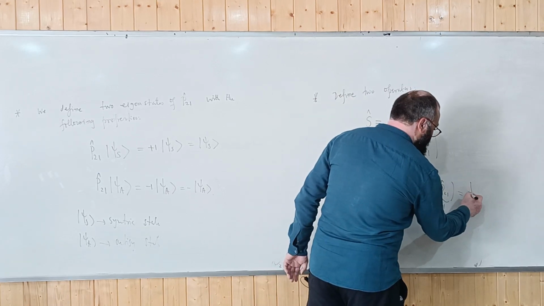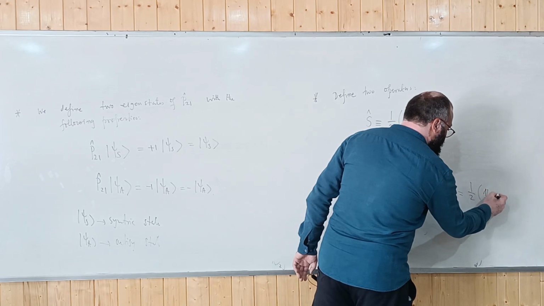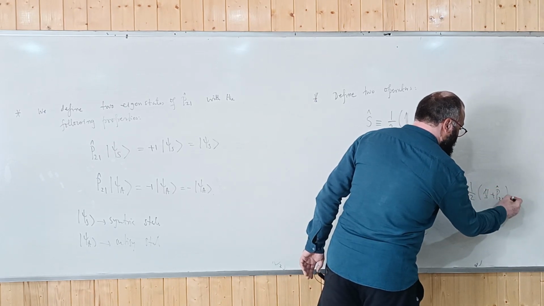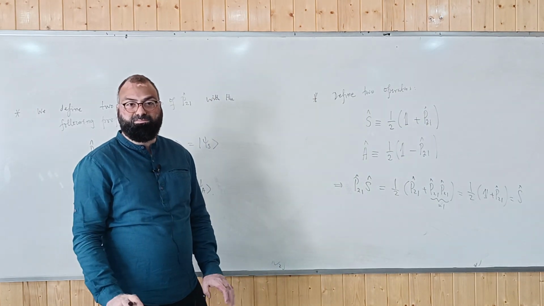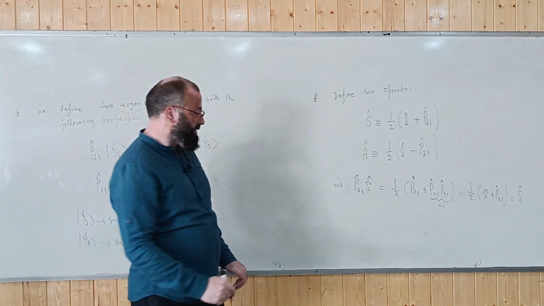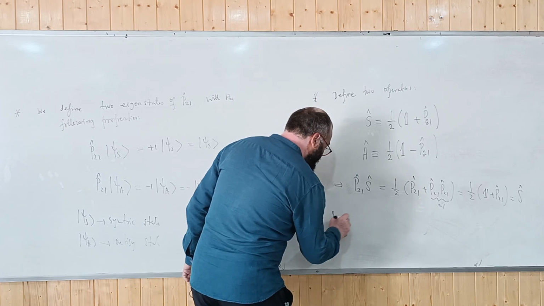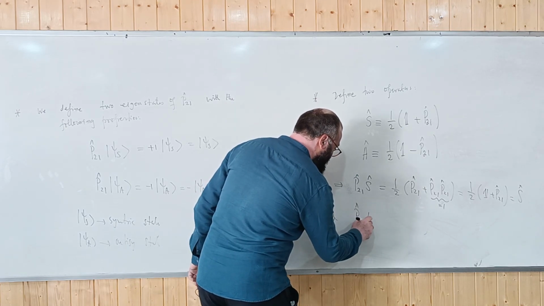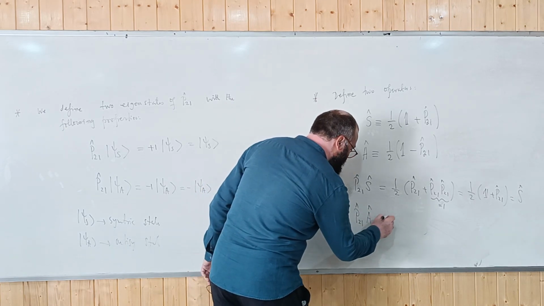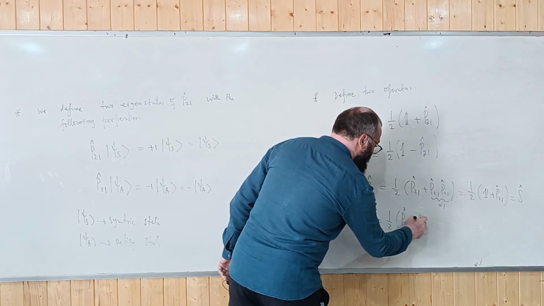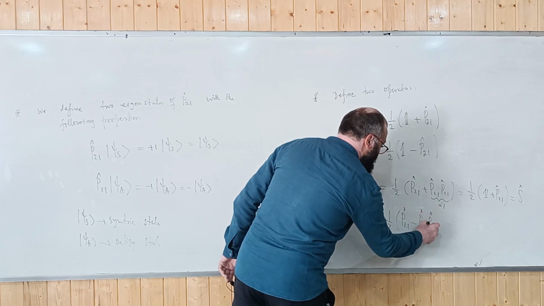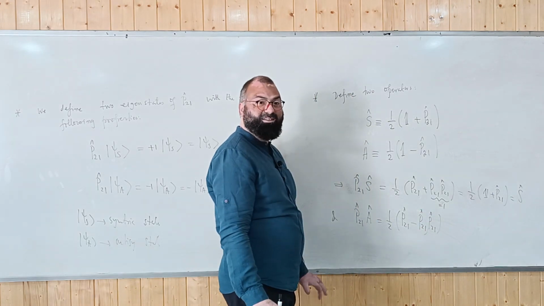So it is half of identity plus P21, which is your operator S back. Got it? Now if you apply this P21 on this operator A, what do you get? Half of P21 minus P21 P21. Clear?